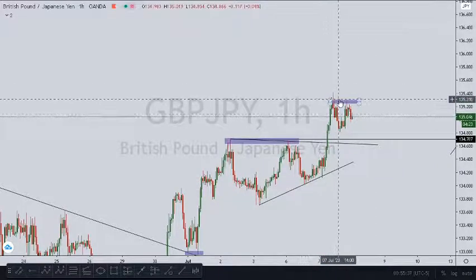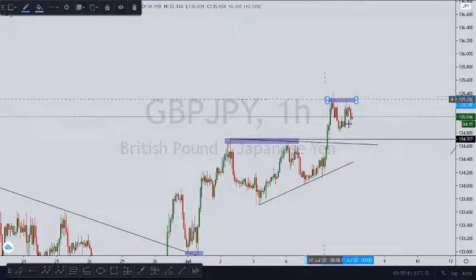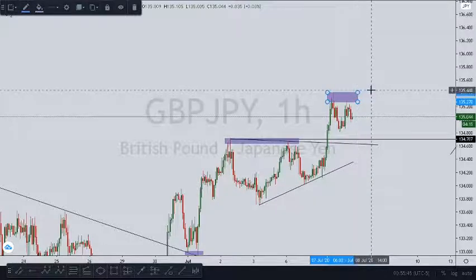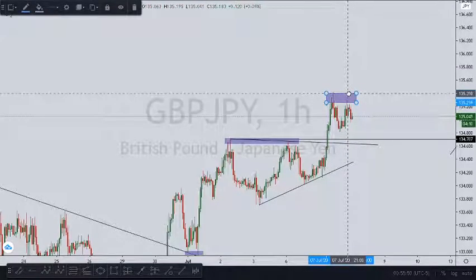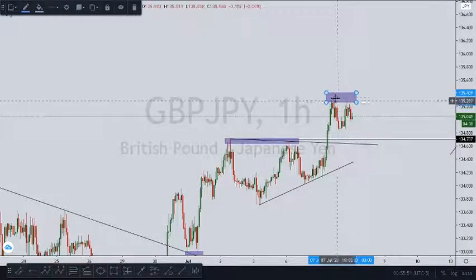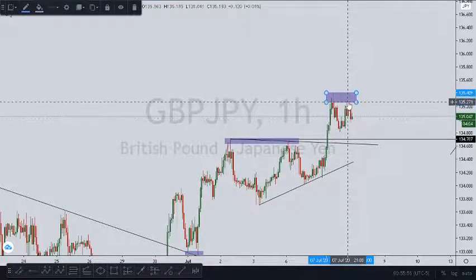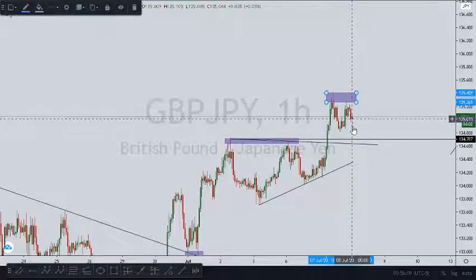So we can see that the resistance level, or the wicks, is where you want to mark with the rectangle tool. And what the wick does is it marks rejection. Whenever there's wicks, it shows rejection. So price was rejecting this level, found support, found another level here, and of course it's rejecting now.